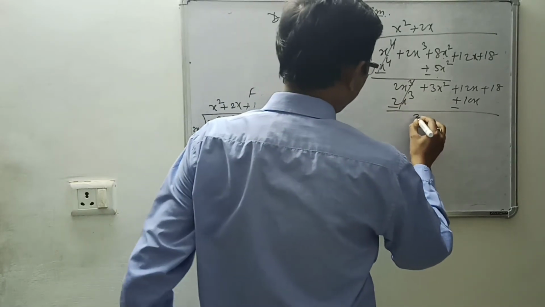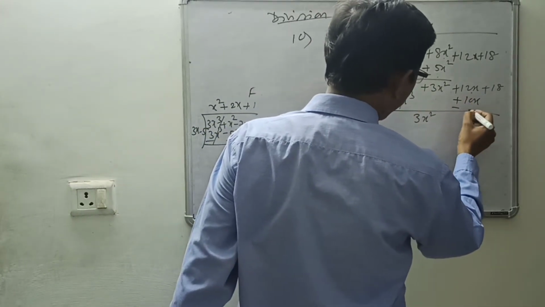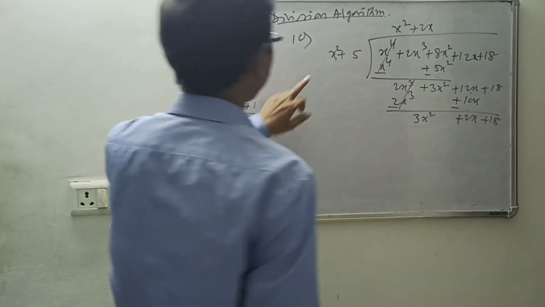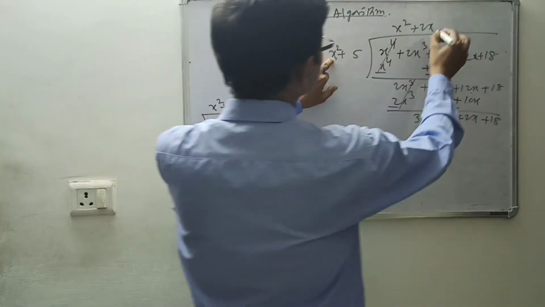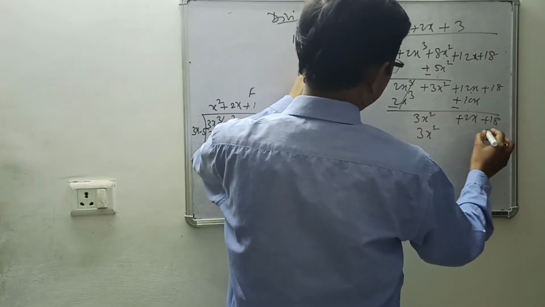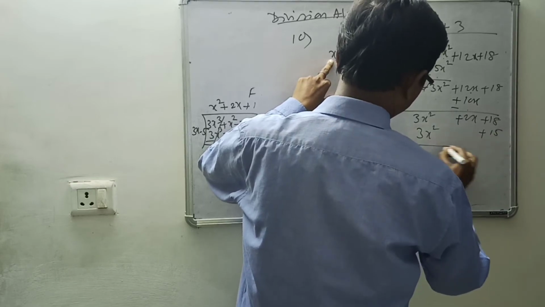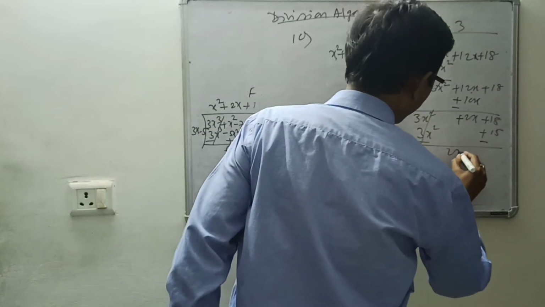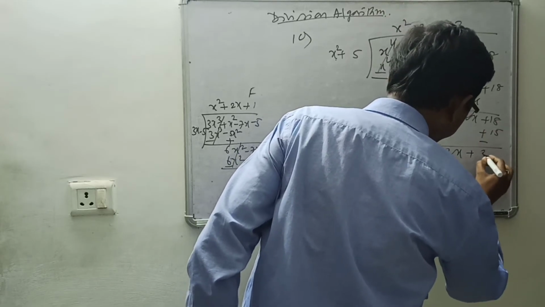Then you are getting 3x square plus 12x minus 10x, means plus 2x plus 18. X square, it will go plus 3. 3 fives are 15. So 2x plus 3.